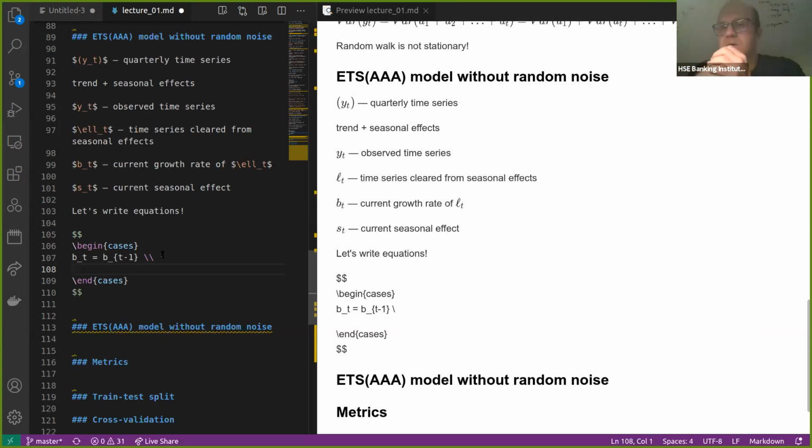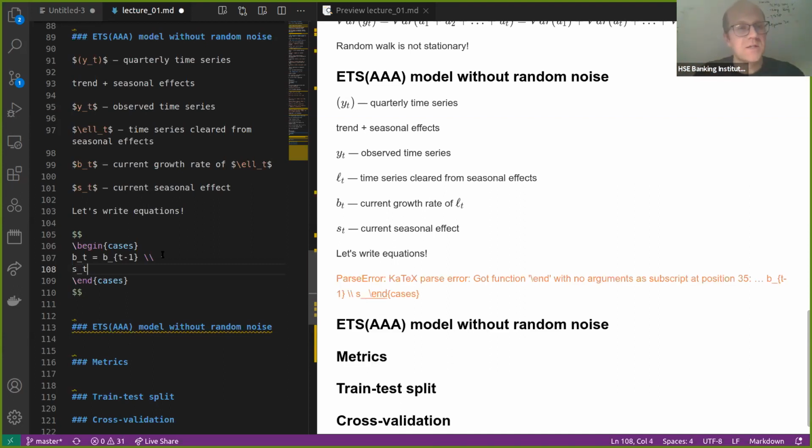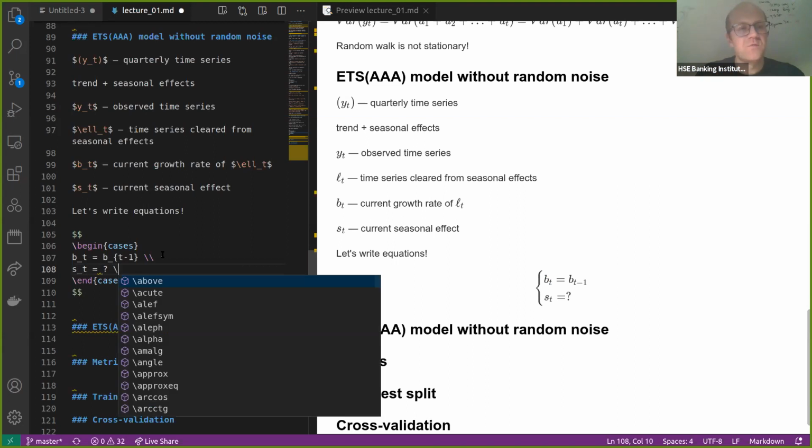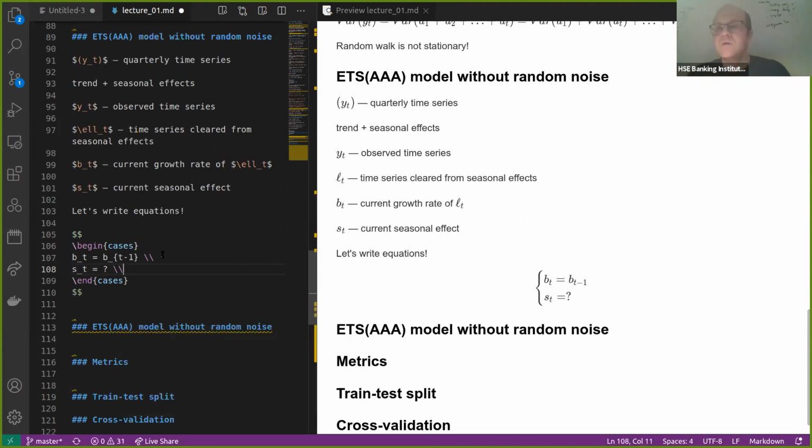So in winter, let's say, imagine because of New Year, people buy a lot of presents, so expenditures are bigger than in summer, but the effect is constant. The difference between summer and winter is constant in our model. So equation for ST, who can guess the equation for ST? What should I write here if I have 4 seasons and I assume that fluctuations are not random?